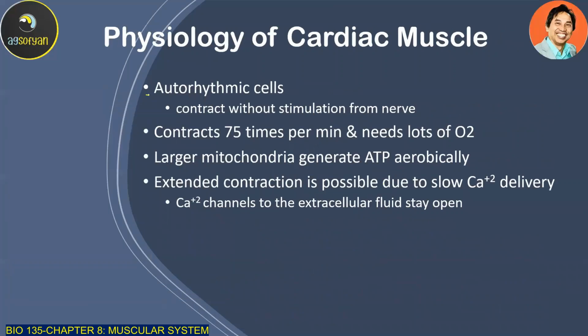And this is another specialty of cardiac muscle. It is called the autorhythmic cell. This means that starting contraction is actually not ordered by the nervous system. It is started by itself, auto rhythm. So the rhythm is started by itself.